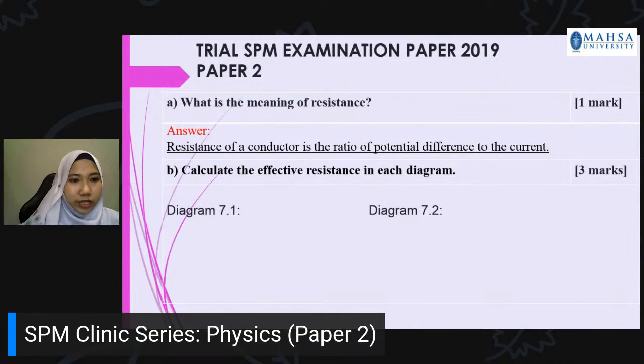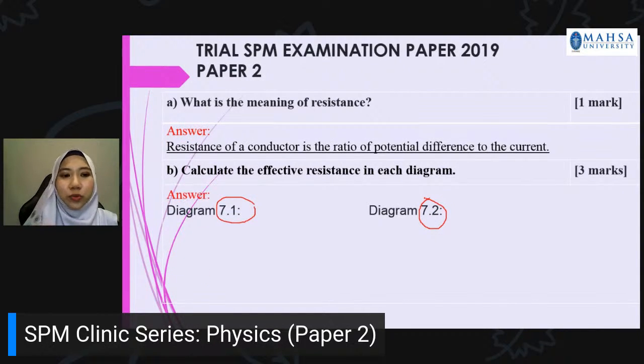Next question: you need to calculate the effective resistance in each diagram, diagram 7.1 and diagram 7.2. We already know that the connection for 7.1 is a series connection, and in diagram 7.2 the bulbs are connected in parallel.